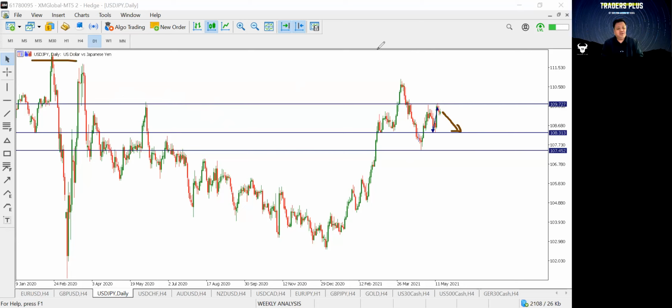Okay, pareho lang ako ng bias. So, sell, alright, sell bias tayo rito. And then the stop loss should be above this level here. Alright? Above 109.727.